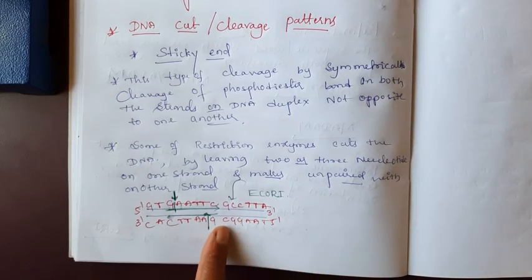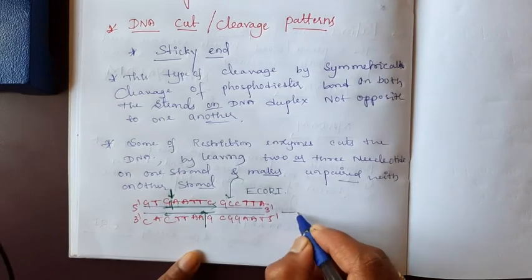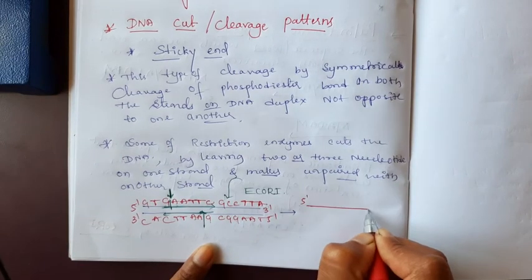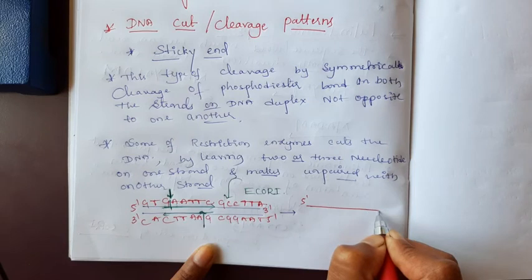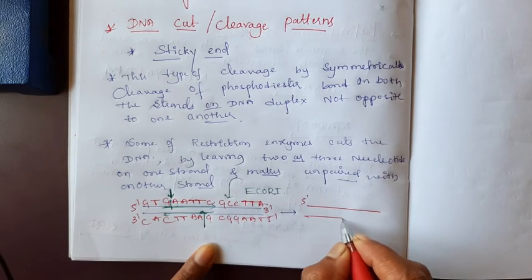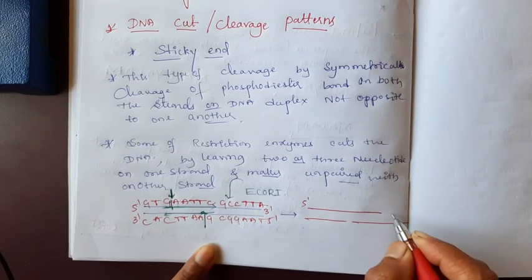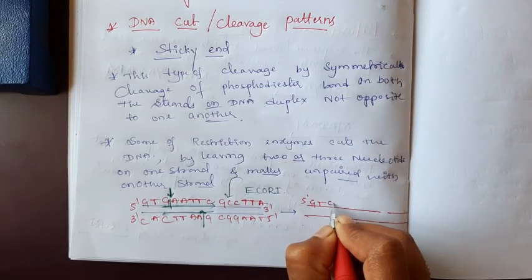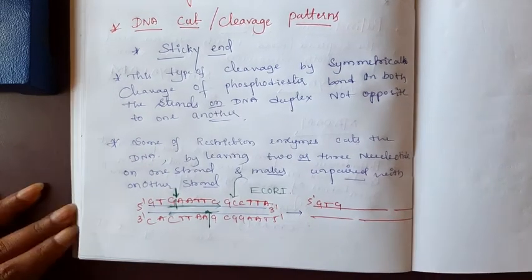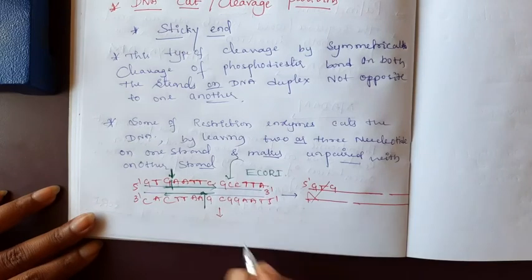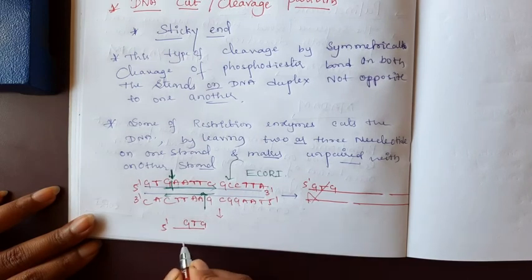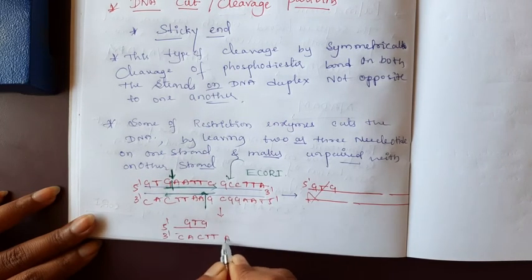After cutting, the resultant fragment has a 5 prime end, GGT, and below in the 3 to 5 direction, CACTTAA.